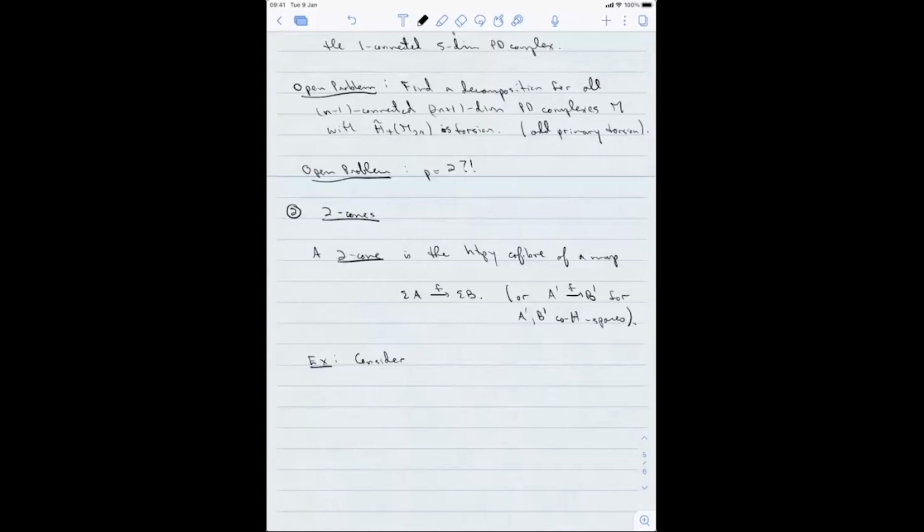So we can think of the general setup where we look at suspension X wedge suspension Y, and we'll attach a certain Whitehead product.